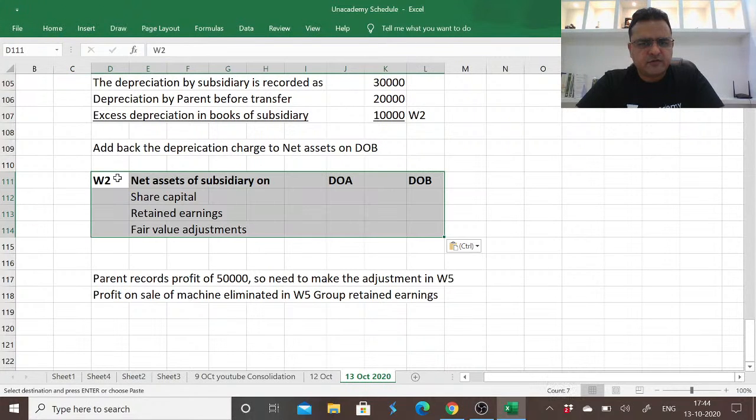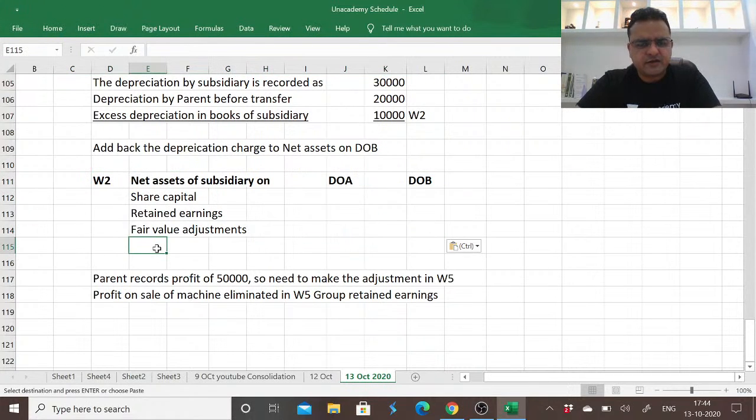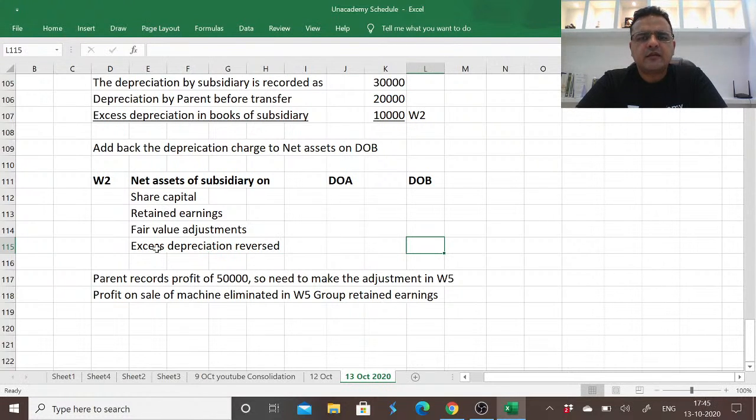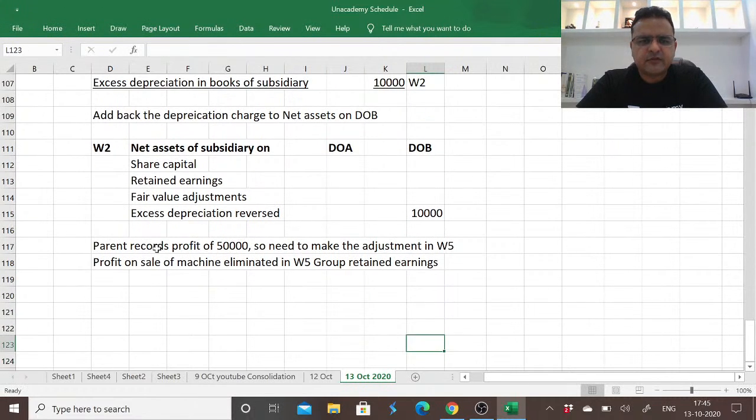So if you're adjusting working note number 5, then in it excess depreciation is reversed, and when we reverse excess depreciation we add back 10,000 on the date of balance sheet.